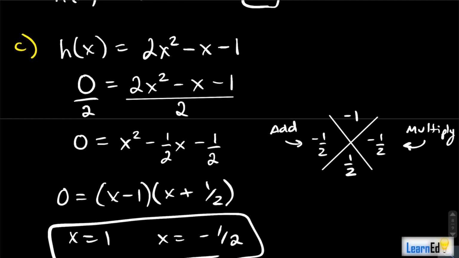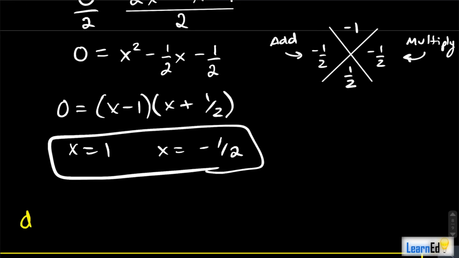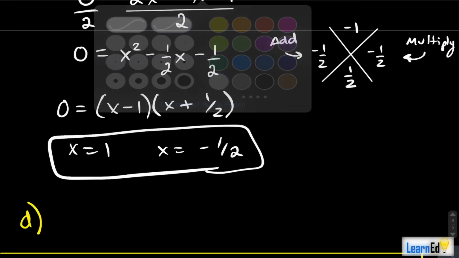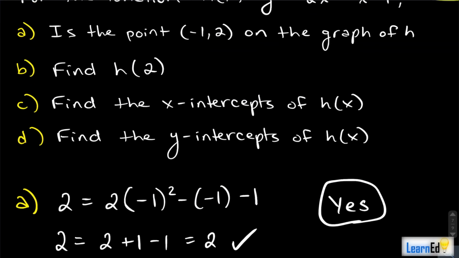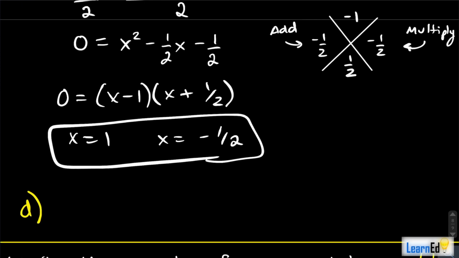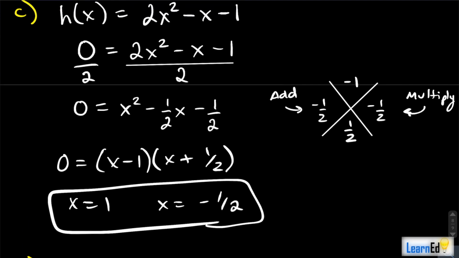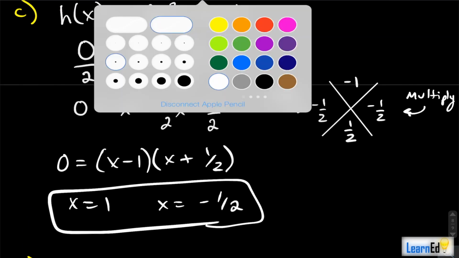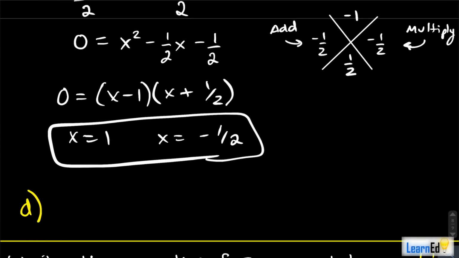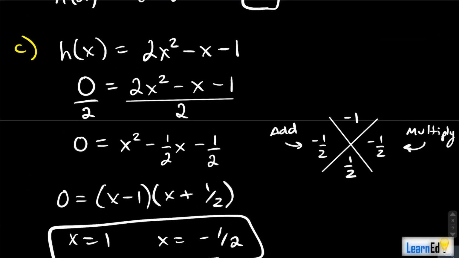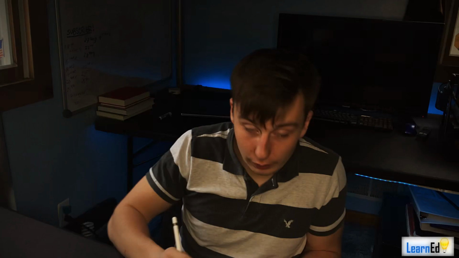Which is to find the y-intercepts, and I actually don't need very much space for this at all, because finding the y-intercepts is much easier. Remember that h of x is 2x squared minus x minus 1, so this is a function of x. We want to find where x is 0, so we want to find the y values where x is 0.